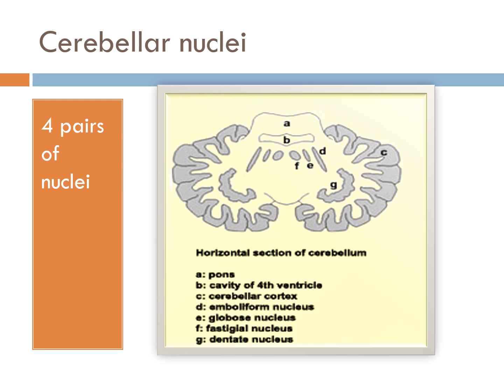So here is the section of the cerebellum which has the nuclei also. You can appreciate from here. F is the fastigial nucleus. Then E is emboliformis, D is globose nucleus, and G is the dentate nucleus.